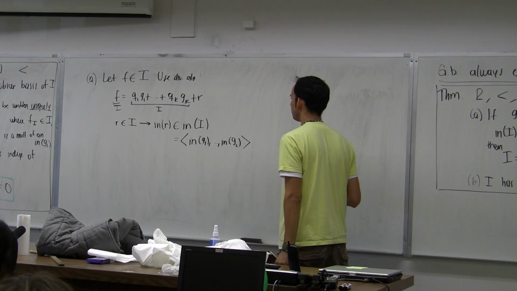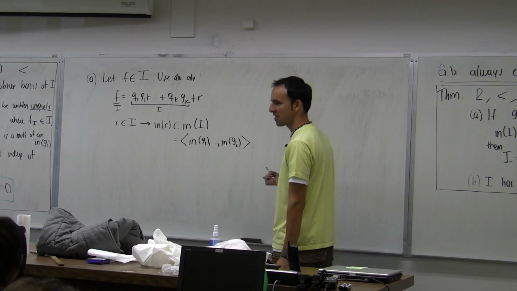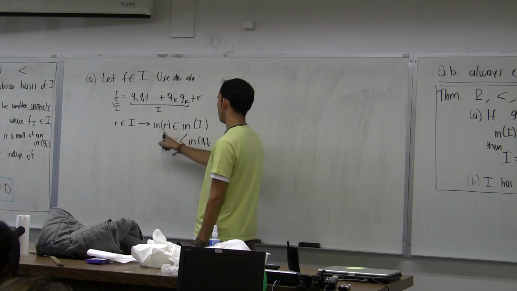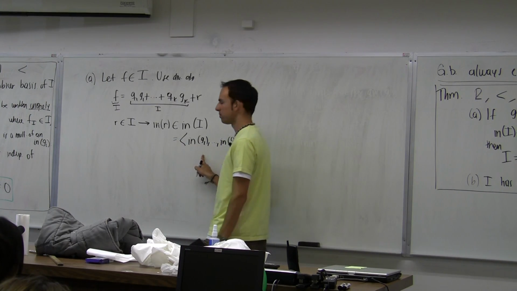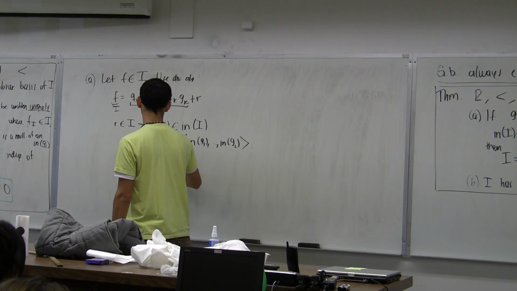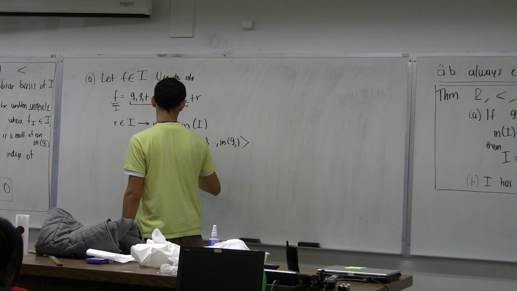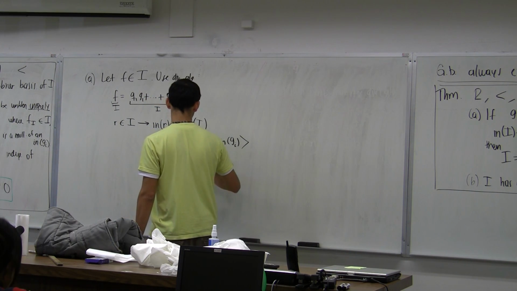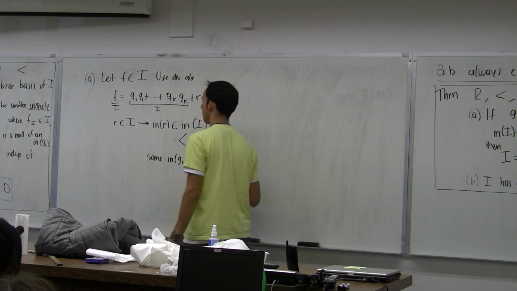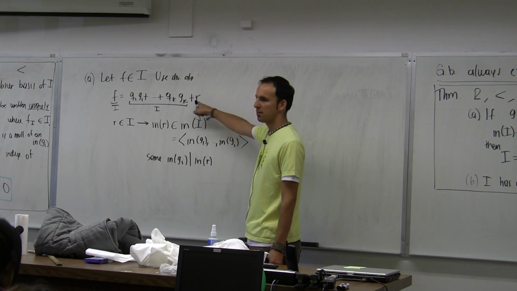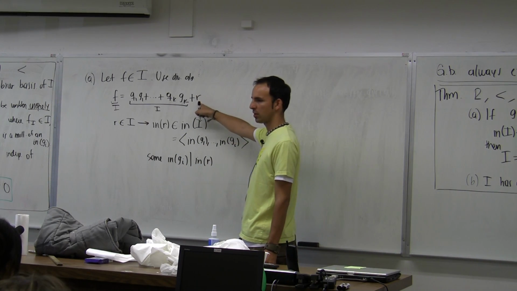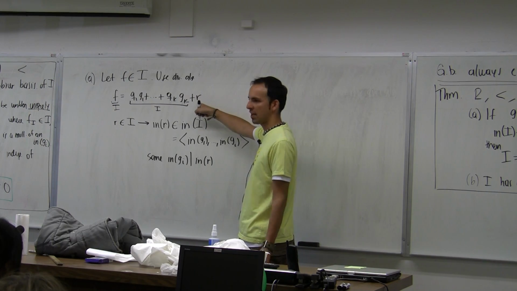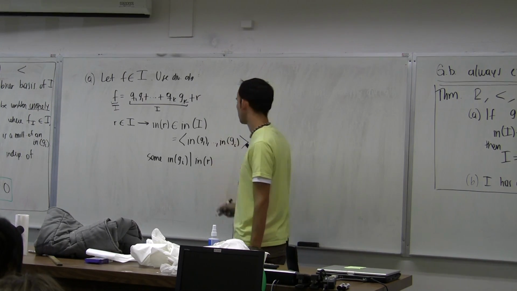Okay? And so by the statement that I just made, this guy has to be a multiple of one of these. Some initial term of one of the gi's has to divide the initial term of R, but by the definition of R, this is not supposed to happen. That means that R must have no terms at all, and so R is equal to 0.